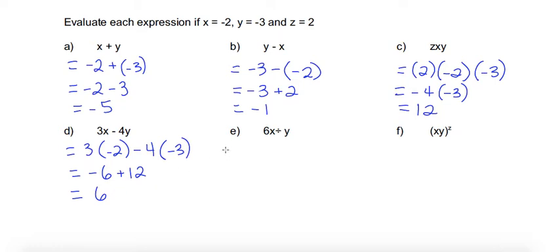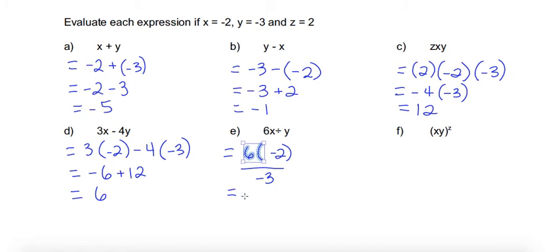For part E, I have 6x divided by y. So in this question, I'm going to use fractions to represent my division. So I have 6 times x, or 6 times negative 2, and I'm dividing that by y, which is negative 3. So I'm going to simplify my numerator first.